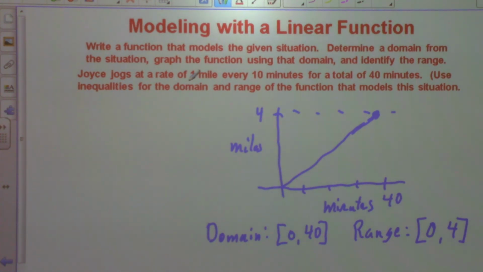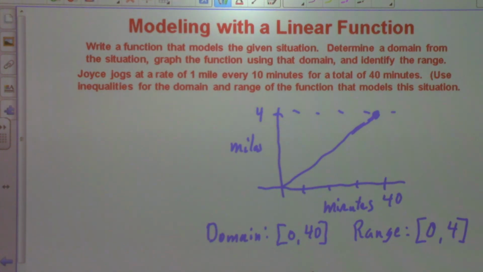And it says determine a domain, graph the function, write a function. We haven't written the function yet, right? So we kind of work backwards. So what is the function going to be? What is our slope of this thing here? 4 divided by 40. 1/10, right?